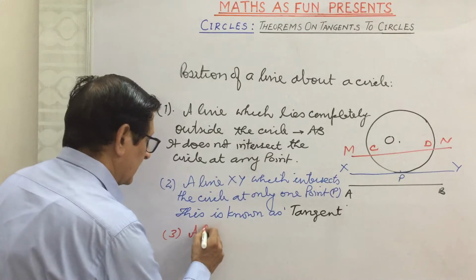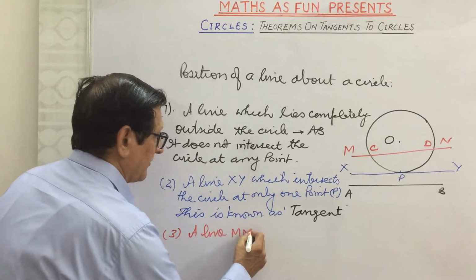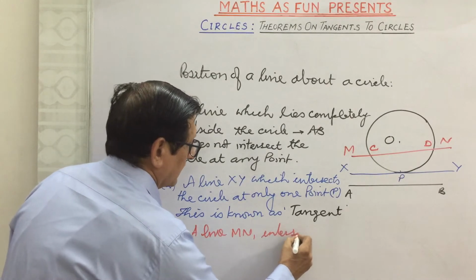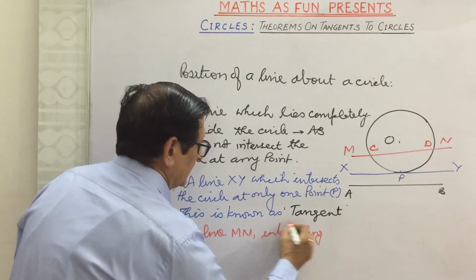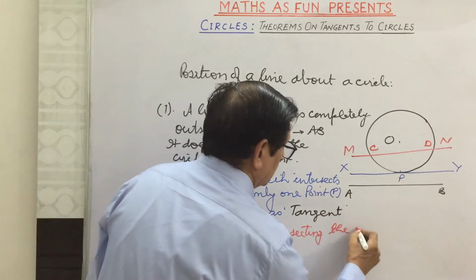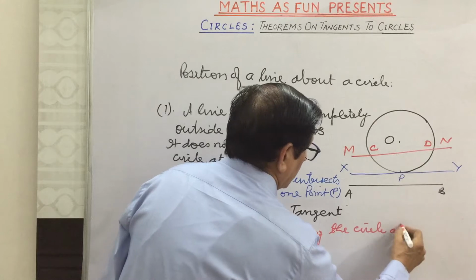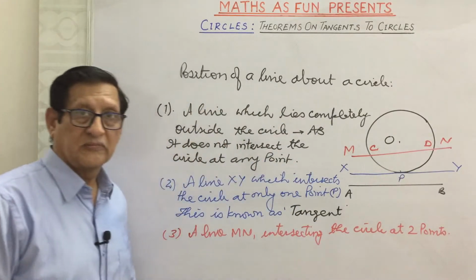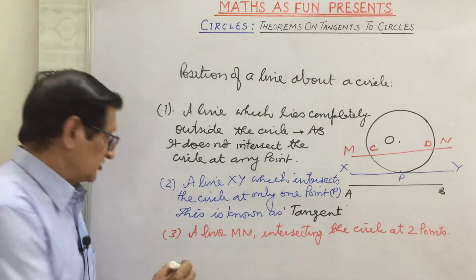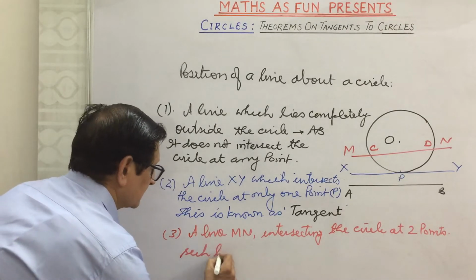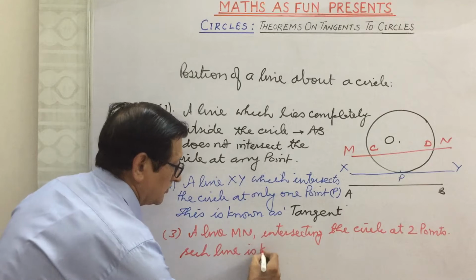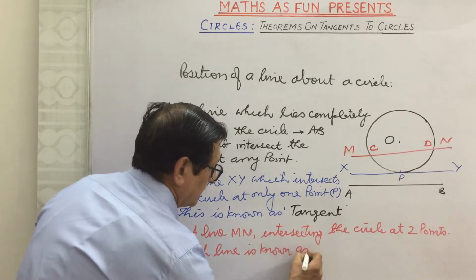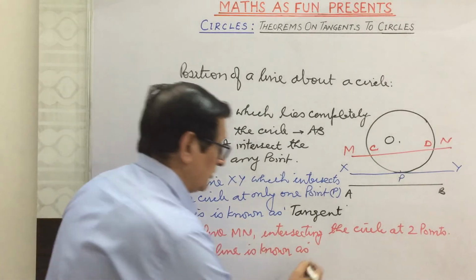And the third line is MN, a line MN intersecting the circle at two points. Such a line is known as the secant of the circle.